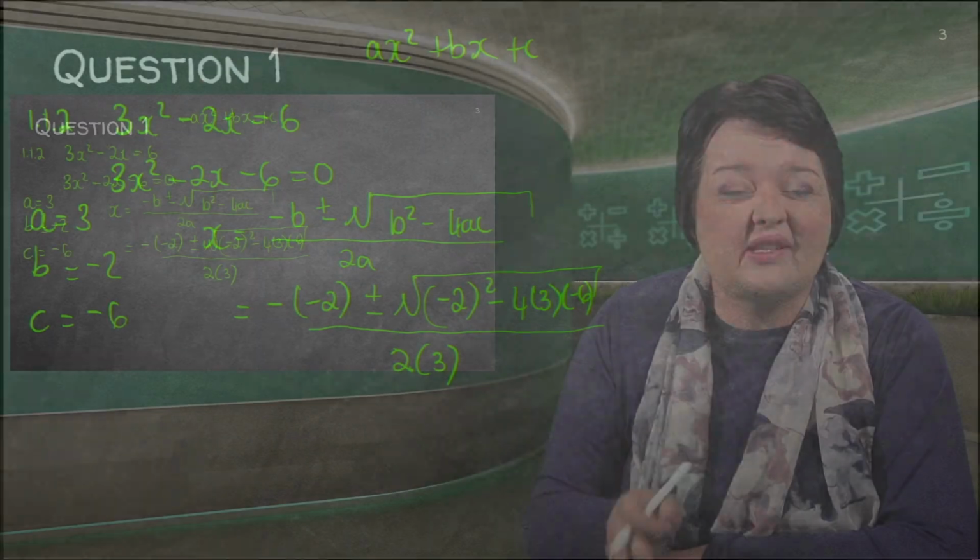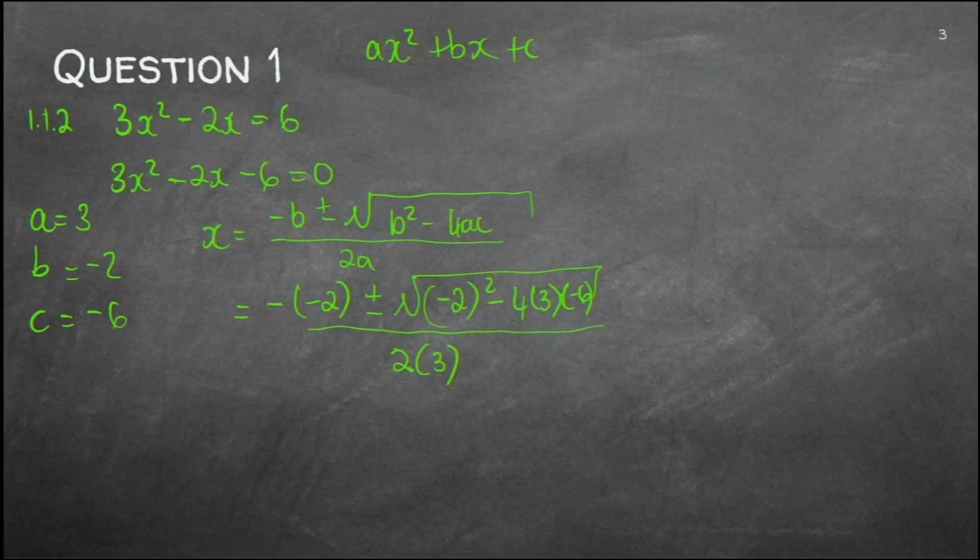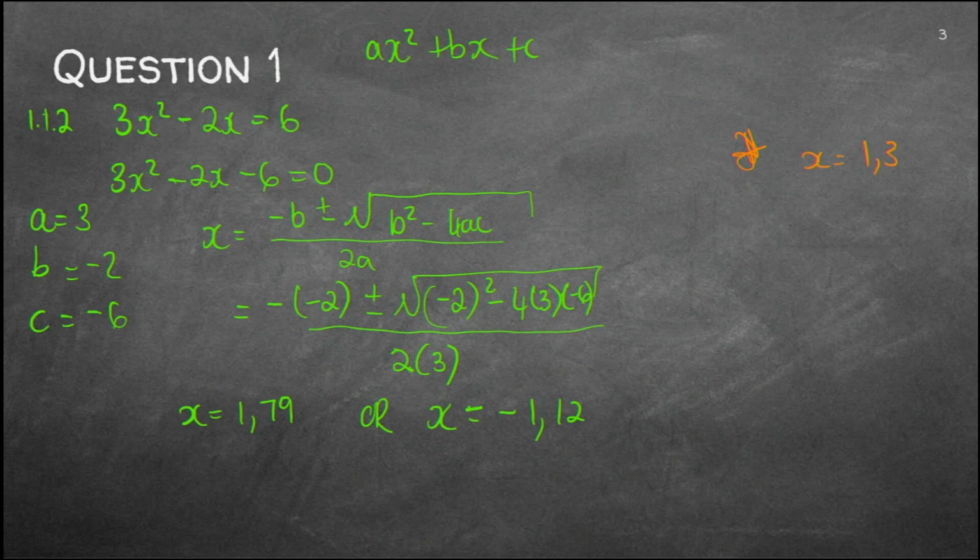Now remember, the plus and minus indicate the two different answers. So you literally just type it into your calculator and you would get x is equal to 1,79 or x is equal to negative 1,12. And just take note, if the question says 2 decimal places and you get an answer of x equal to 1,3, remember to put a 0.